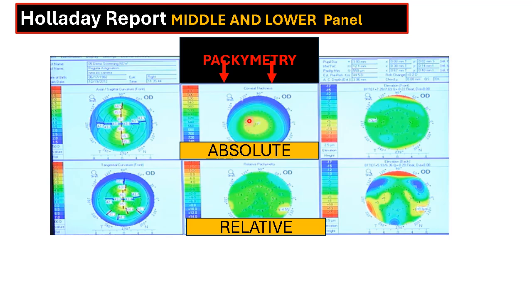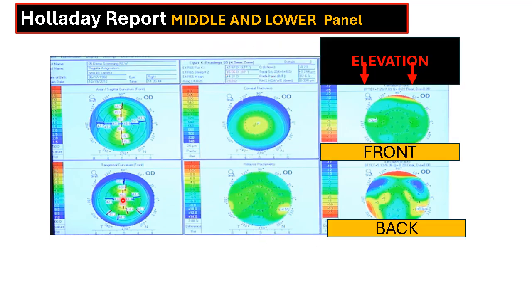Here it will write a certain figure, for example 450 microns, but here it will write 20%. 20% means that there is a 20% reduction from the normal. So the relative pachymetry map is a map that compares the raw data with normative people. So it is like a deviation map.